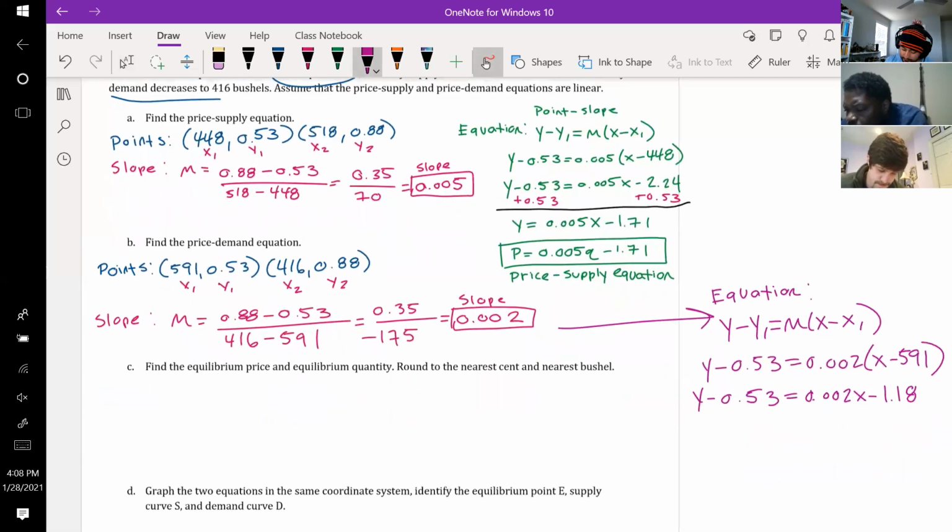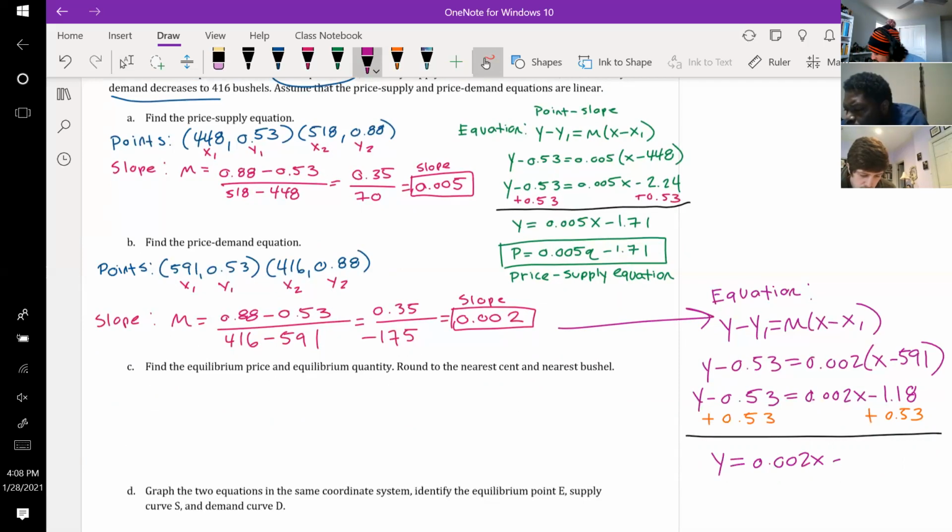Add that over. Minus 0.53, and you get negative 0.65.